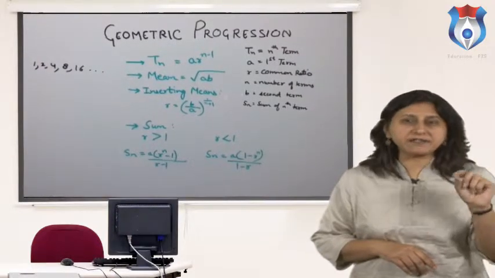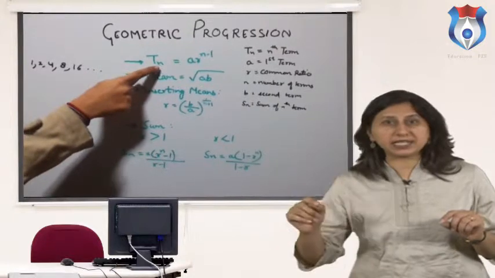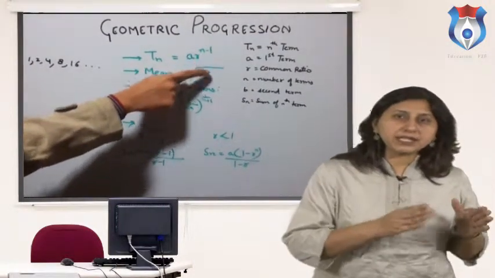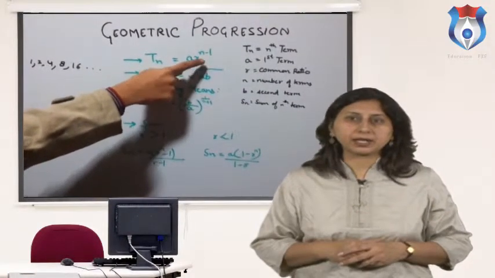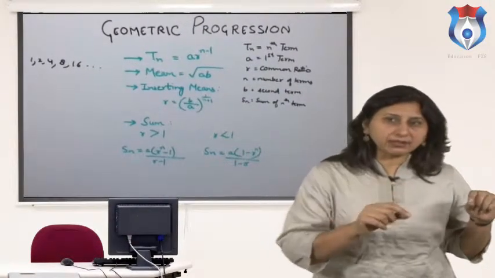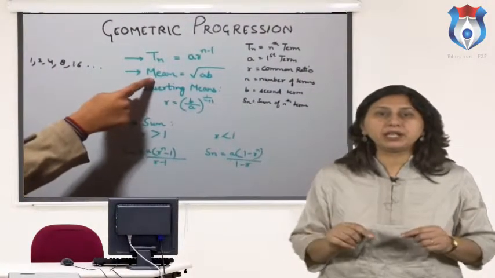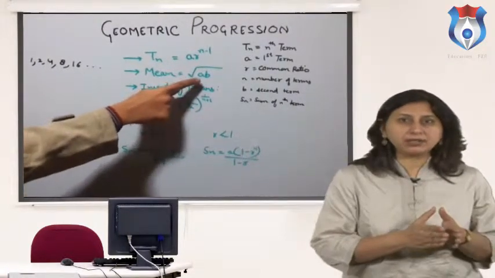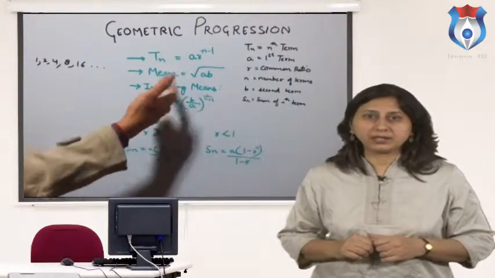The sequence 5, -10, 20, -40, 80 is a geometric progression. The first term is 5 and the common ratio is -2. The sequence 27, -9, 3, -1, 1/3 is a geometric progression. The first term is 27 and the common ratio is -1/3.